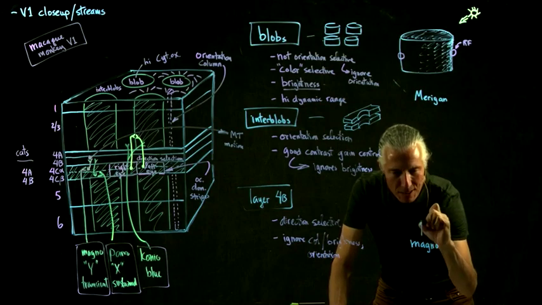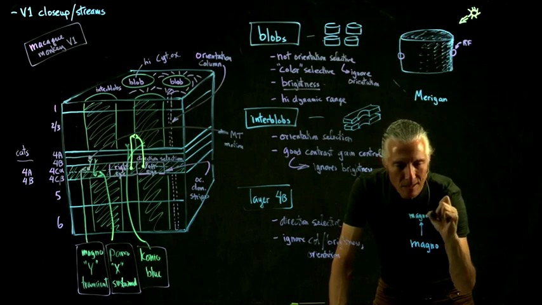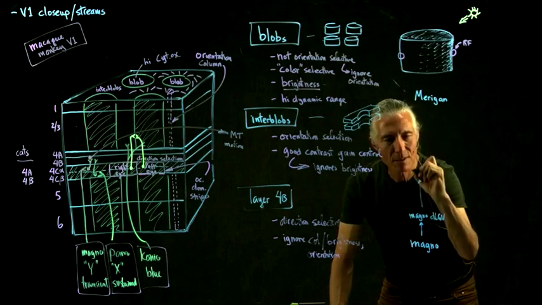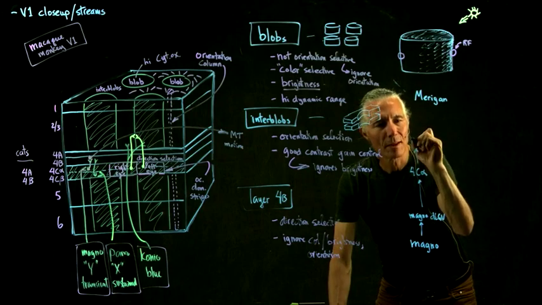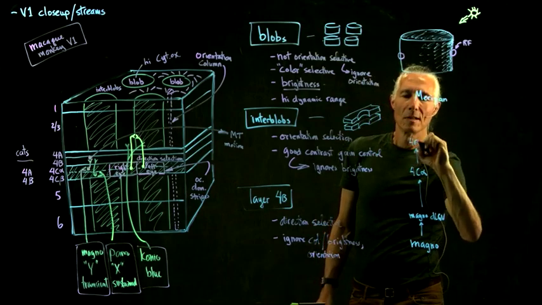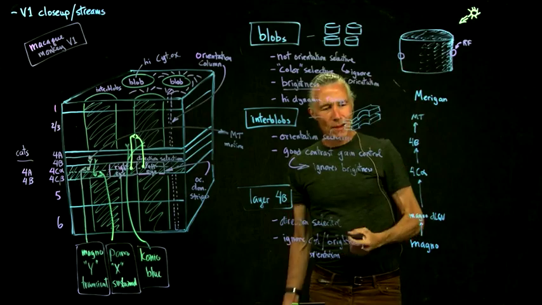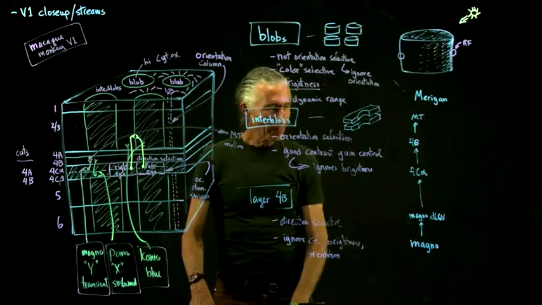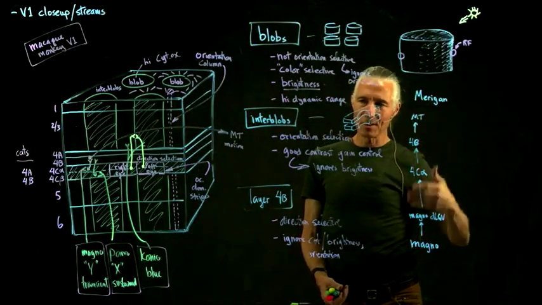That goes to the Magno LGN, and then that projects to layer 4C alpha, and then that projects to layer 4B, and then that goes to, say, area MT, motion. So that would be the motion stream. And if you read the literature, you'll see this diagram which I just drew here.